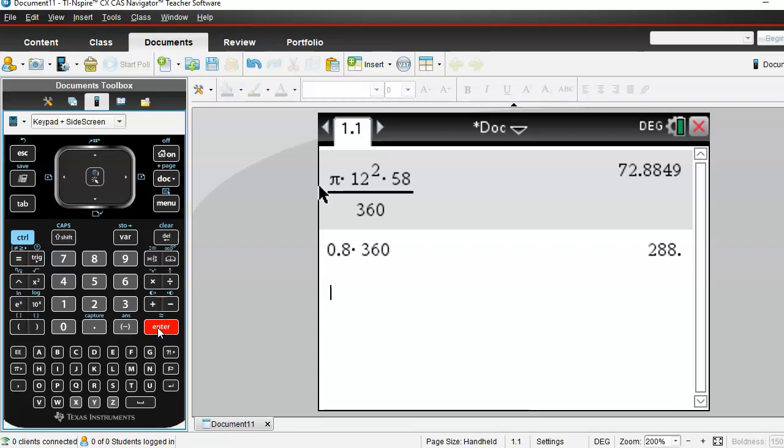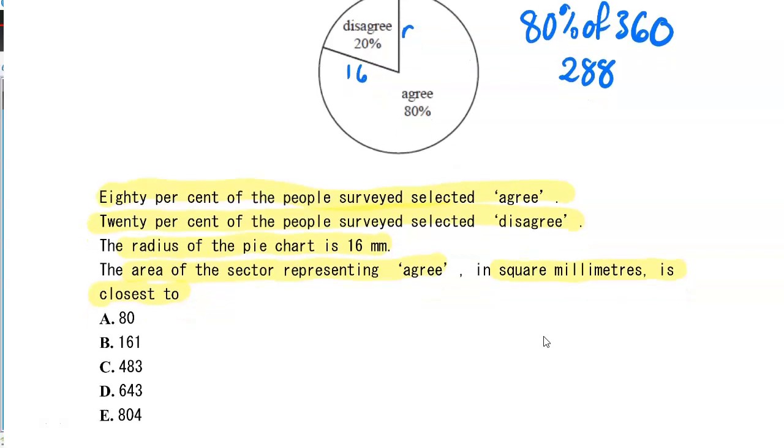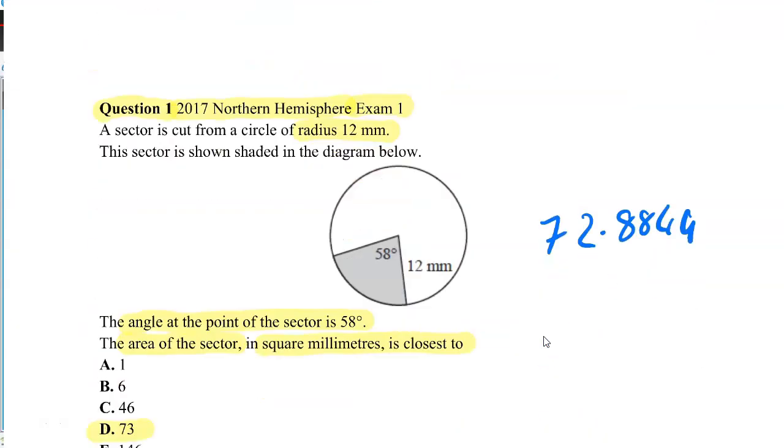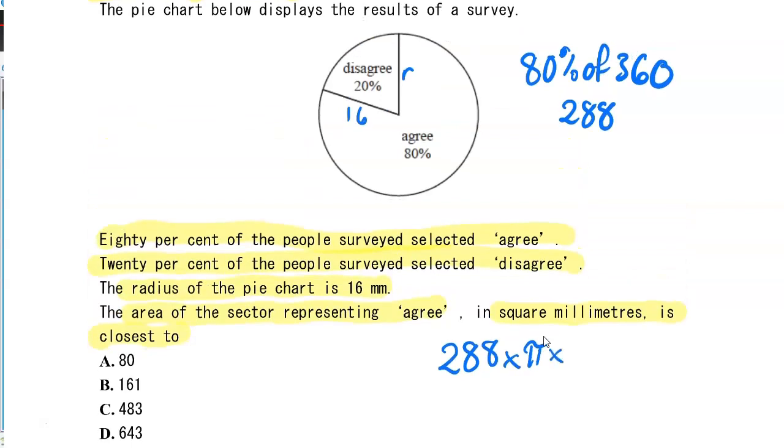That means the agree part is going to be 288 degrees. Now using our formula, that's 288 times pi r squared, pi times 16 squared, over 360.